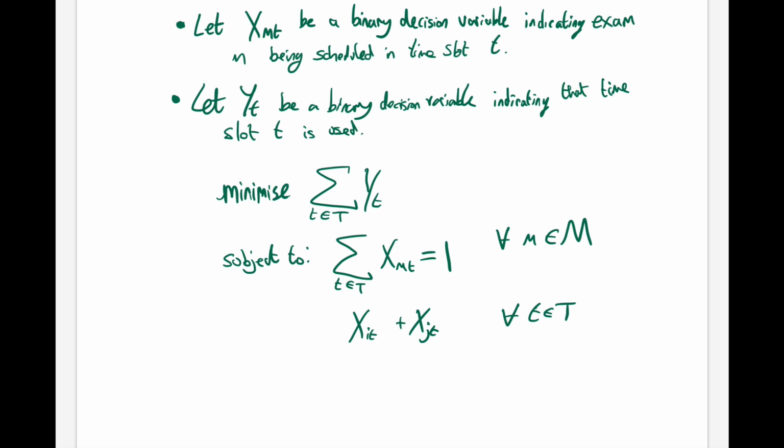Now, if both of them are scheduled in the same time slot, that's a problem. So we want this to be less than or equal to 1. We want that to be less than or equal to 1 only if they clash.